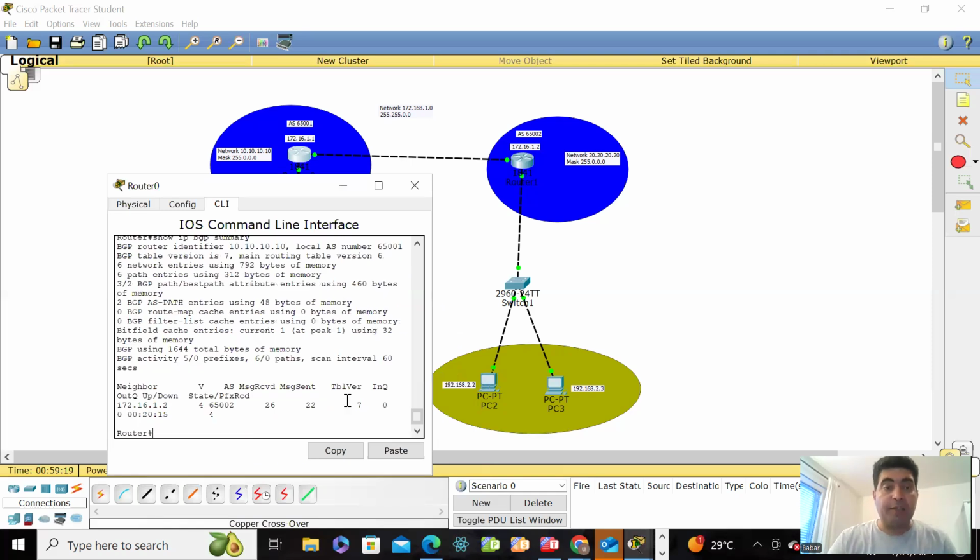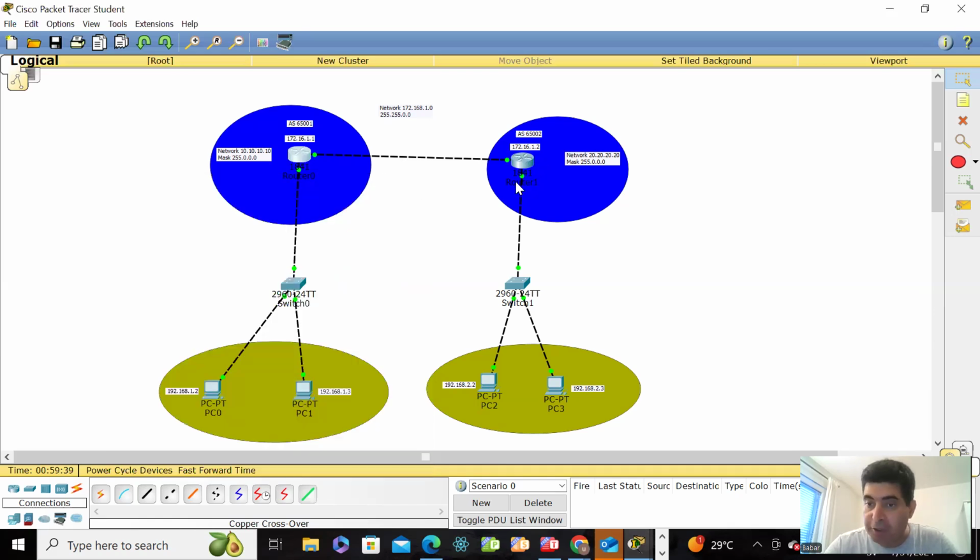So I can talk to my neighbor. My autonomous system is 65001, my neighbor's autonomous system number is 65002, and this is the IP address. So these autonomous systems talk to each other, and they can exchange routing information.